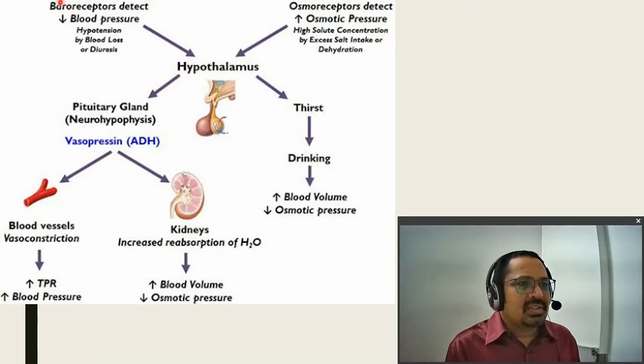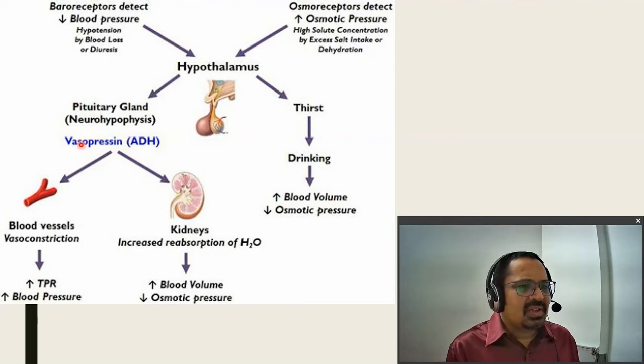So here there is a reduced osmolarity or decreased osmotic pressure, and there is a signal to the hypothalamus to do two works. First of all, it stimulates the pituitary to release the vasopressin, and second, it sends the signal to the thirst center for the drinking of the water, which increases the blood volume and osmotic pressure.